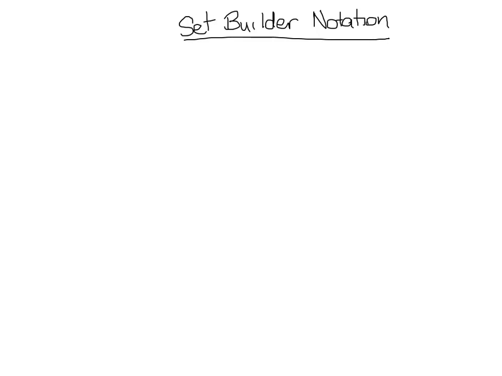So I will write down something that is in set builder notation and we'll talk about what the various parts mean. So it looks like this. Let's say set A is described in this way.